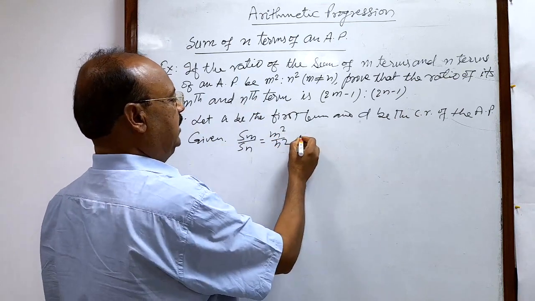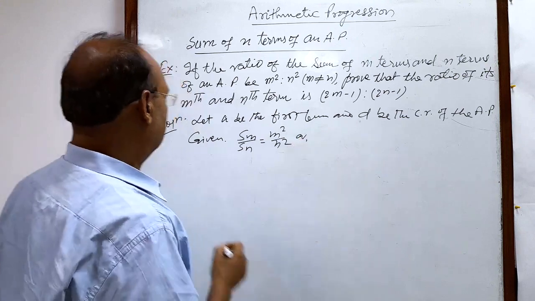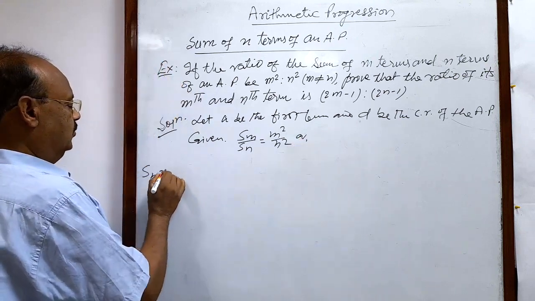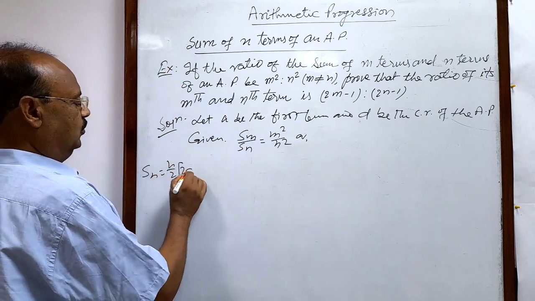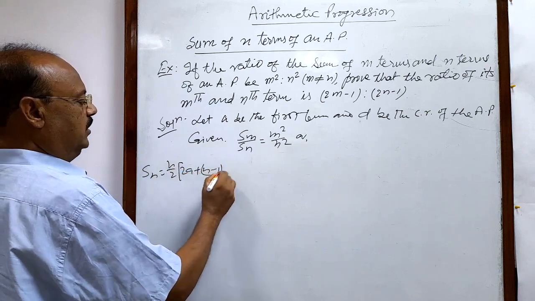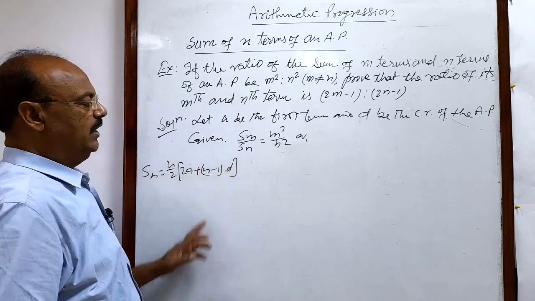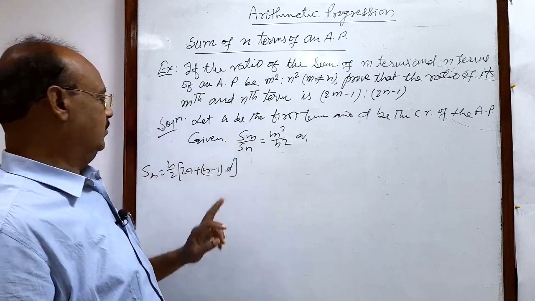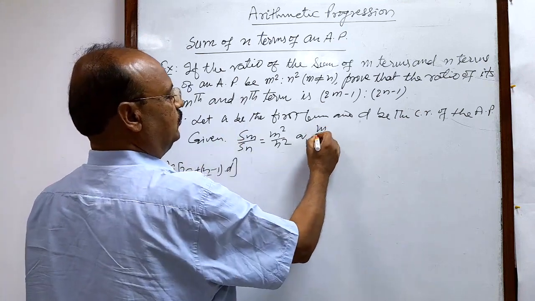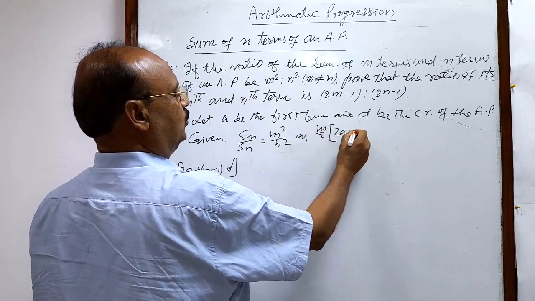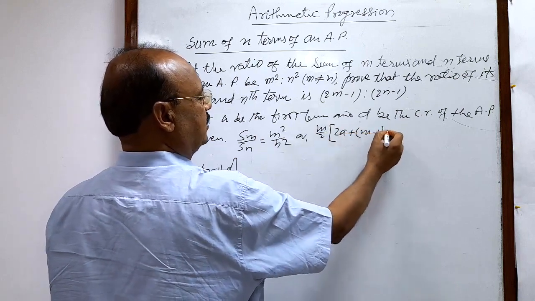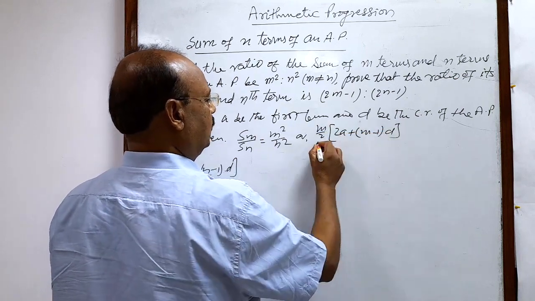Okay, and by the formula, we know Sn is equal to n by 2 into (2a plus (n minus 1) into d). So by using this formula, Sm can be written as m by 2 into (2a plus (m minus 1) into d).